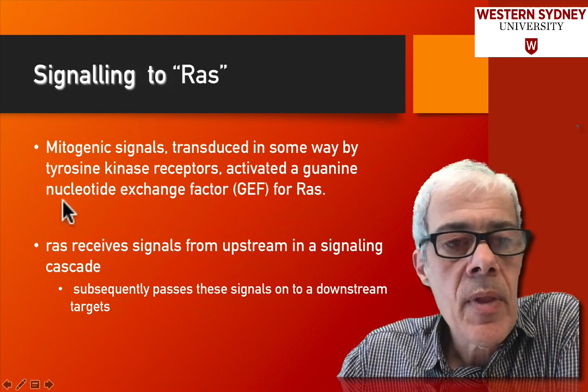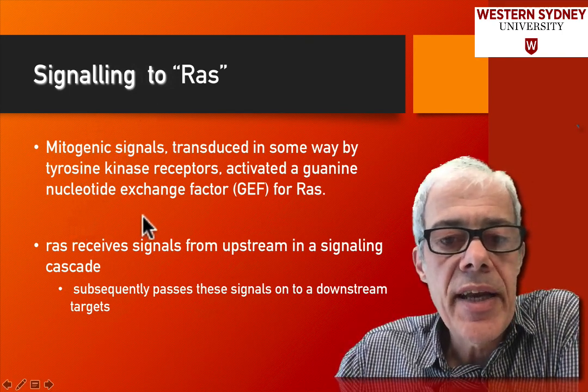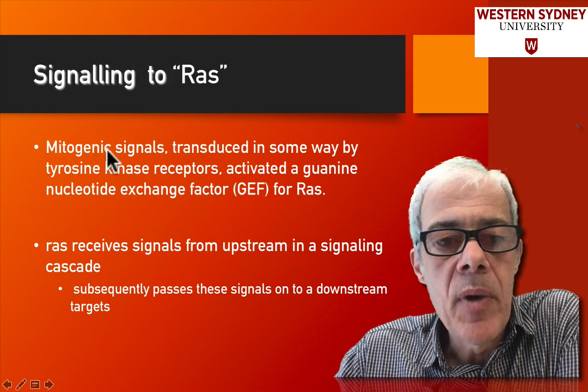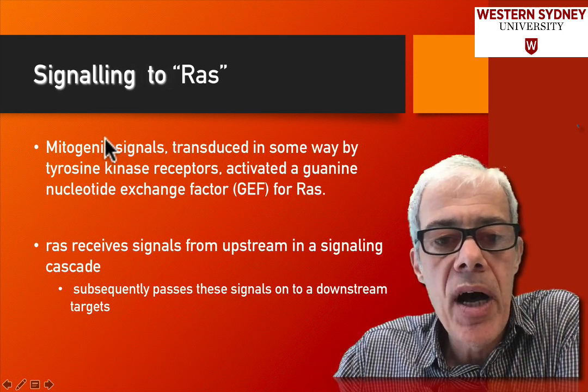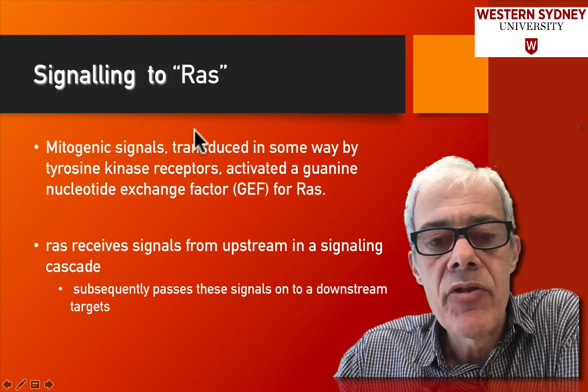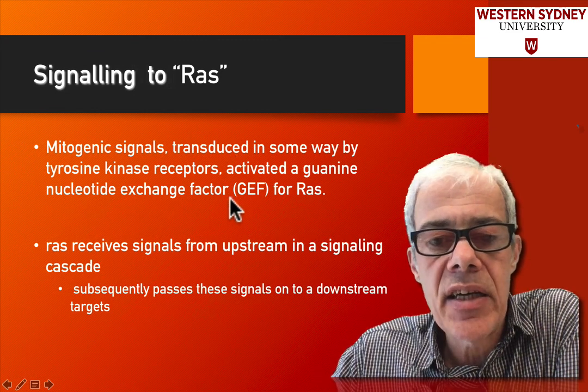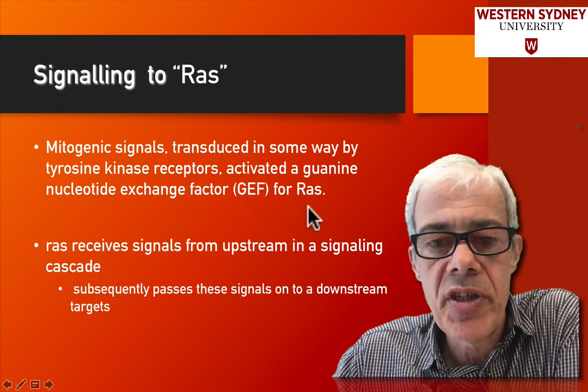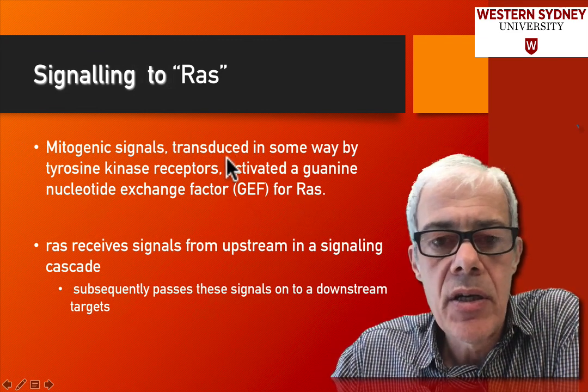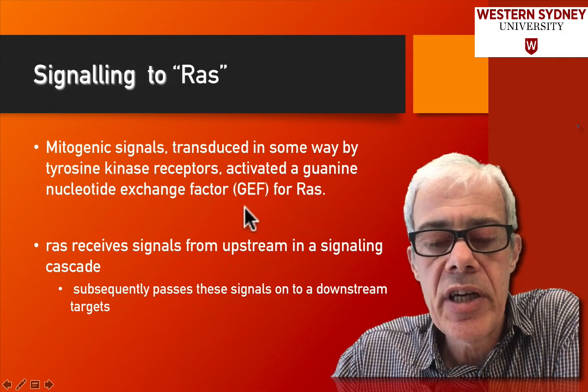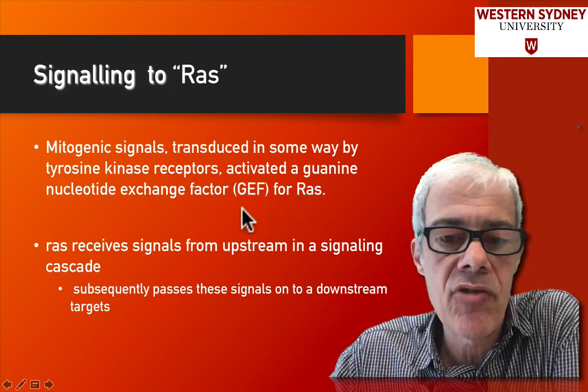So in context of cell signaling now, we have growth factors that bind to receptors. The receptors are somehow activating the RAS protein. So somehow these receptors are causing nucleotide exchange to activate RAS.